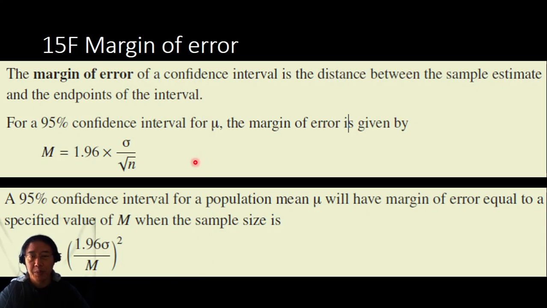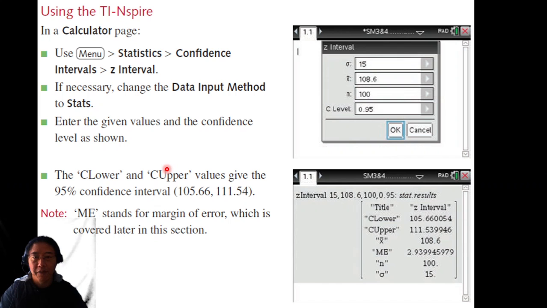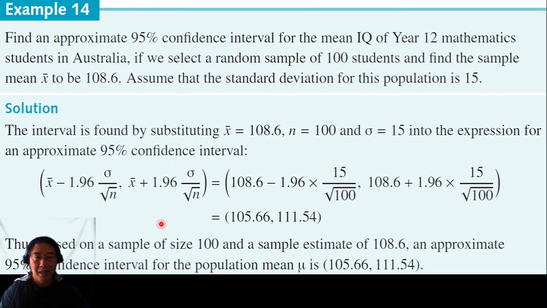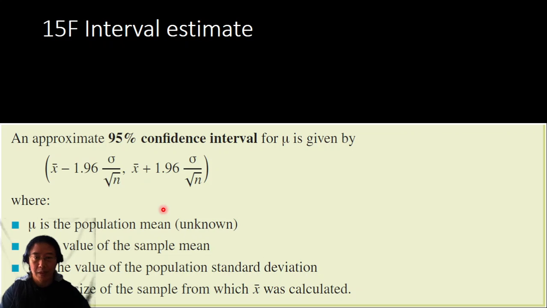For a 95% confidence interval, the margin of error is given by this value: 1.96 times sigma over root n. It comes from that formula, the sample mean plus and minus that amount, which is your margin of error.